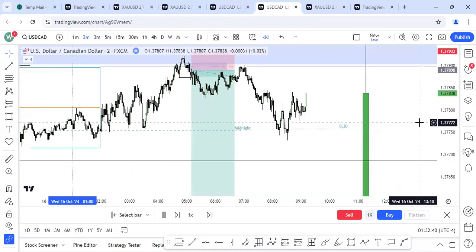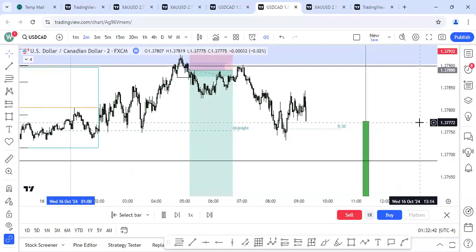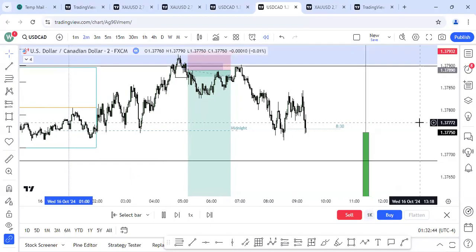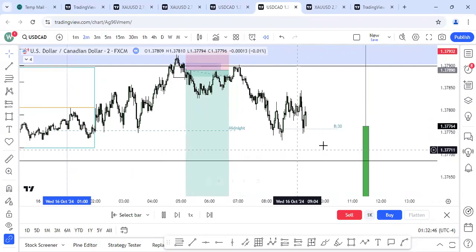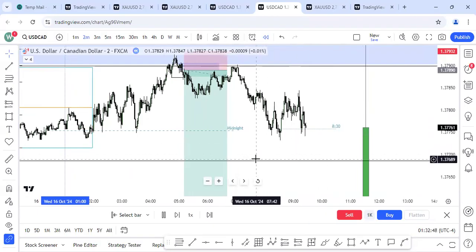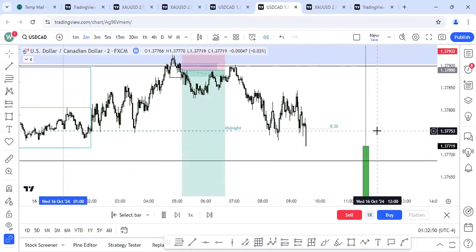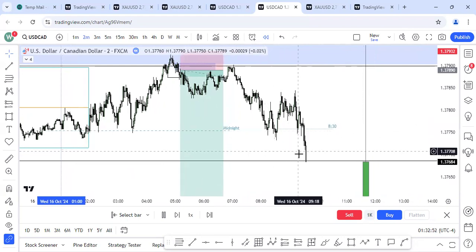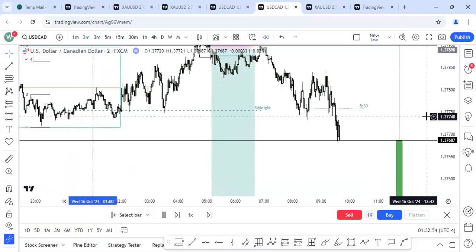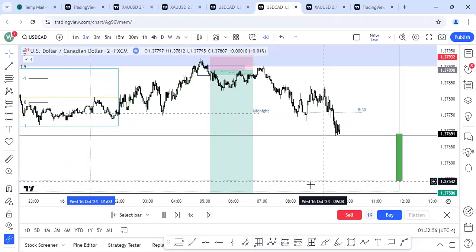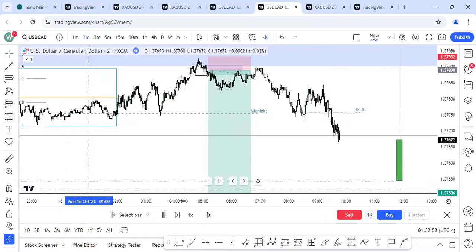So I was very confident about it. But you shouldn't be so confident, because sometimes price just retraces. But in this trade, I was so confident that I didn't really care about taking partials.